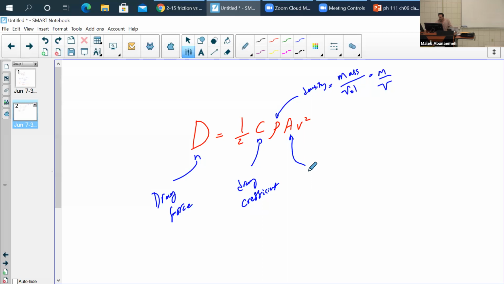A, that's your cross-sectional area, and V is your velocity.